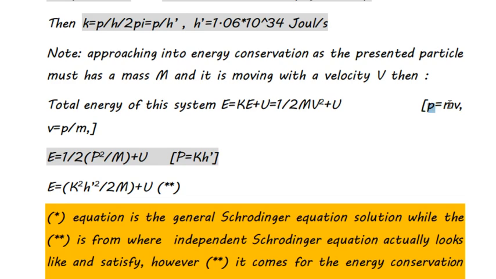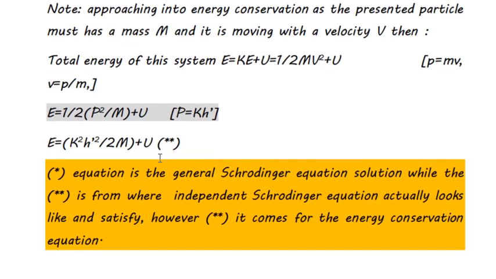And we may recall the value of the momentum, which is mass multiplied by the velocity, and velocity equals momentum divided by mass. So substituting these values instead of the velocity, the energy of that particle system, which is the conservation equation, equals one divided by 2, momentum squared divided by the mass of the electron, plus the potential energy. And again recalling that momentum equals k multiplied by h prime.